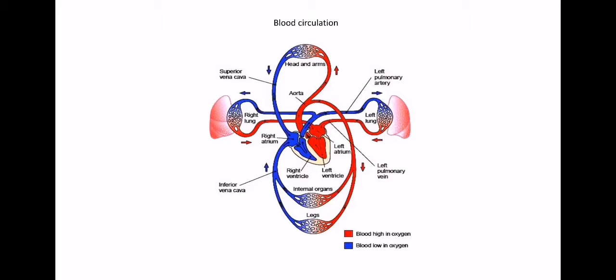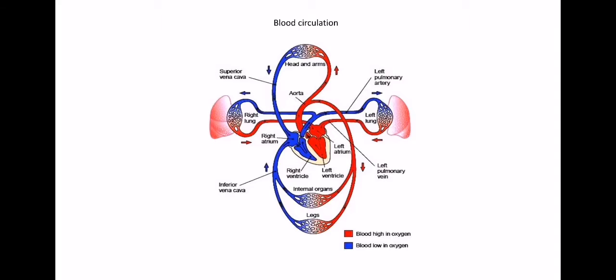Blood circulation. Now we will explain how the blood travels throughout our body. Let's start from the cell. Inside the cell, there is burning of the digested food, and the burning of digested food produces carbon dioxide, water vapor, and energy.